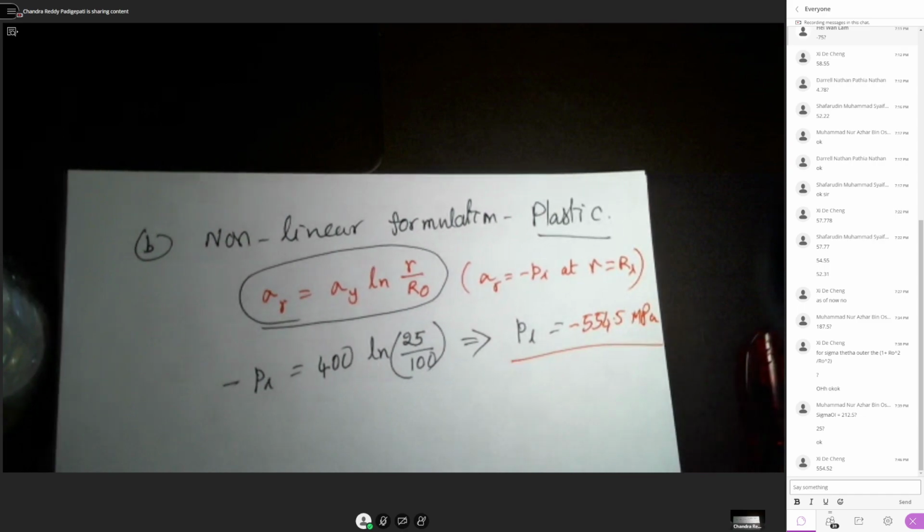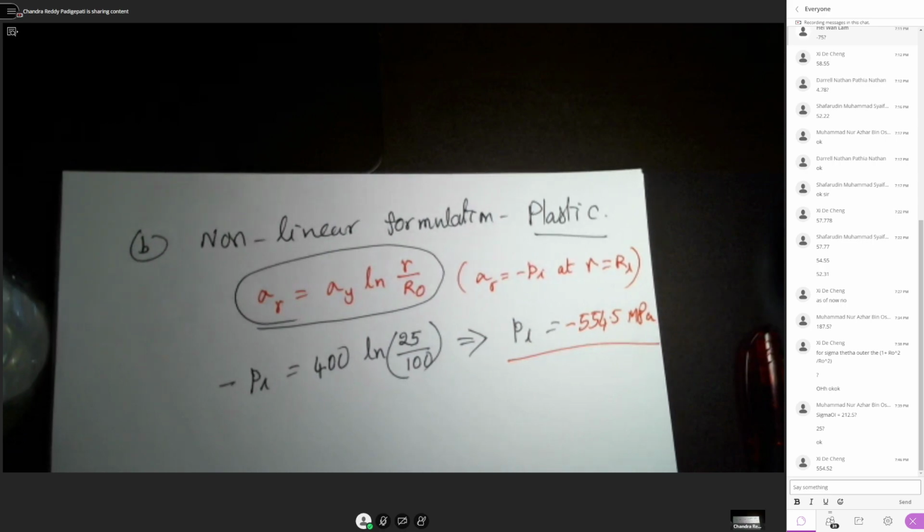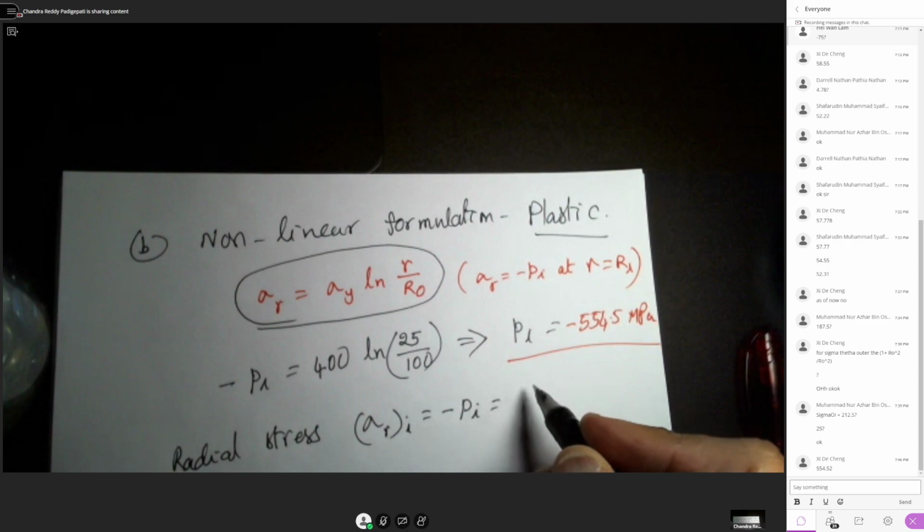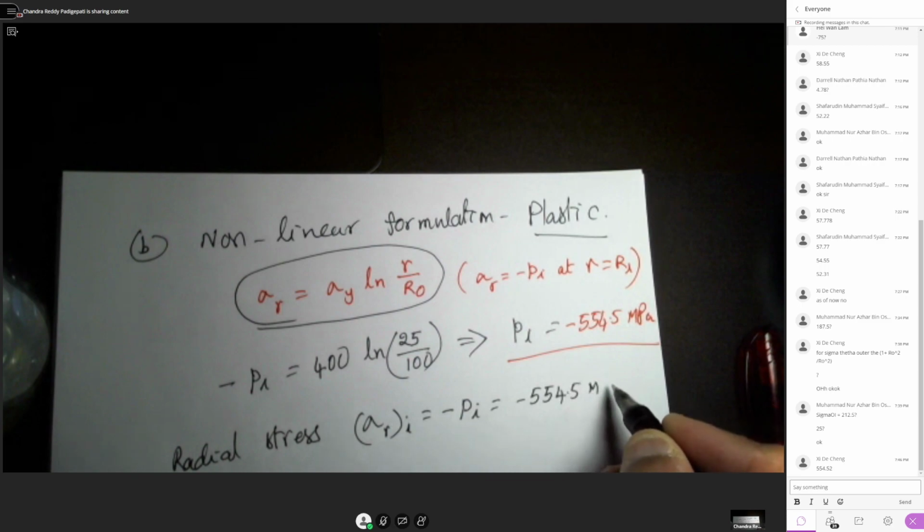So we know the inner pressure due to plastic, under nonlinear conditions. Now we can write the radial stress sigma r at the inner radius is negative of Pi, so negative 554.5 megapascals.